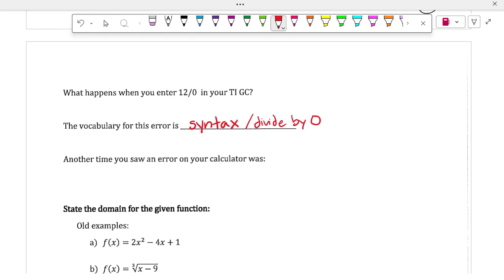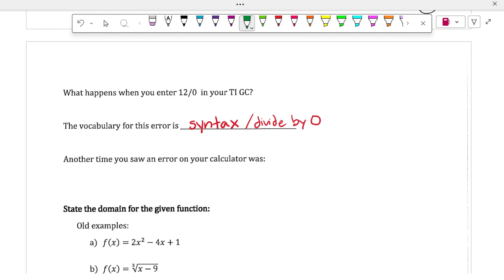All right, so now think about it in your calculator, for example. Syntax. Think about some examples with syntax. Think about English. What does syntax typically mean in English?